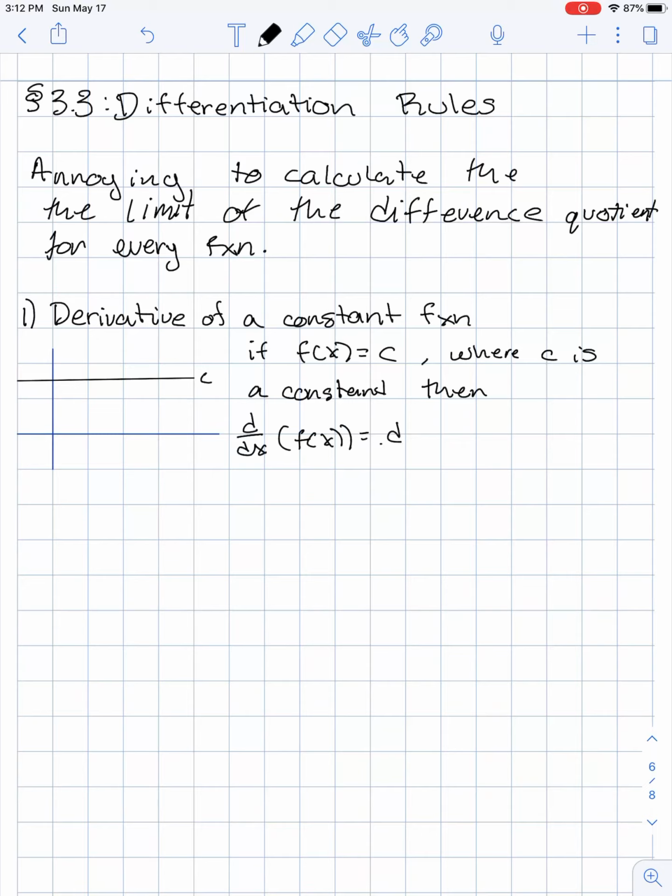We say that dx of f of x is going to be equal to dx of c, and that slope is just 0, right? Slope, if we think of a line, is rise over run. I'm not rising at all. I rise 0, and I'm running over the whole domain. So 0 over any number is going to be 0. All right? So any horizontal line is going to give me a slope 0.